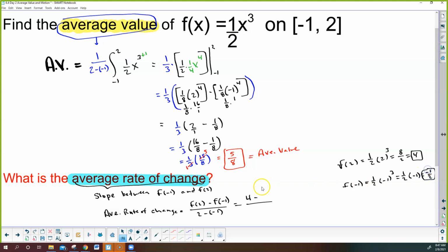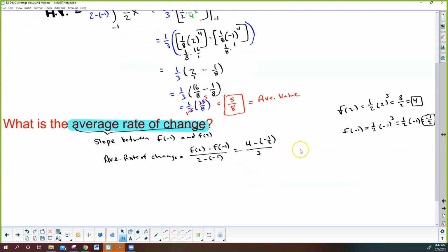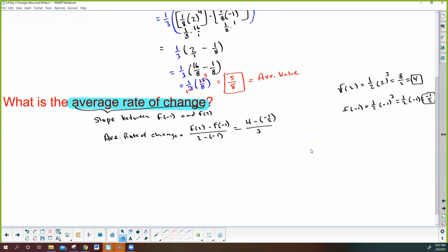And -1 to the third power is -1. We get the output as -1/2. And on the bottom, 2 minus -1 is 3. So then we just have to simplify that, and we'll actually get our slope answer. However you want to simplify this, I might call this 8 over 2, and then subtract the negative would be plus 1/2.